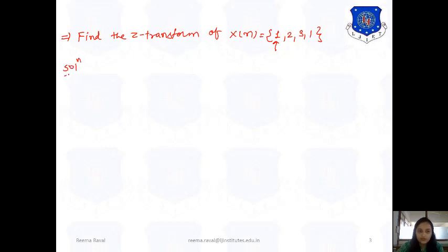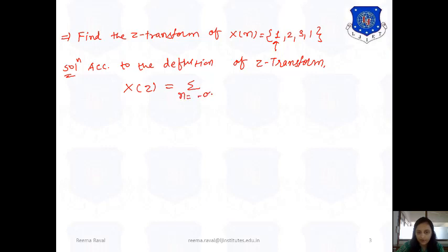According to the definition of Z transform, x of z is given as summation of n equals minus infinite to infinite x of n into z raised to minus n, right? But over here the range of n is what? 0 to 3, right? 0, 1, 2 and 3.